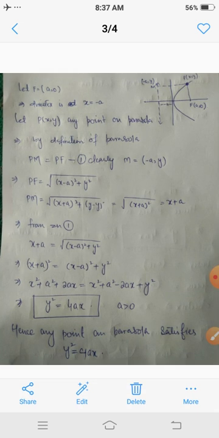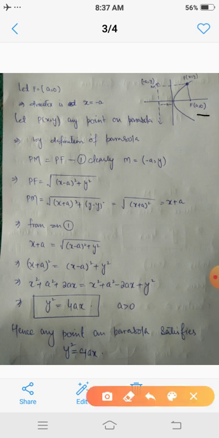Now let's assume that the focus lies on the positive x-axis. This means that its coordinates are (a, 0), that is F equals (a, 0). Here the vertex is at the origin. This means that the point of intersection between the axis of this parabola and the parabola is the origin, that is (0, 0). It is the vertex, and F is the focus.